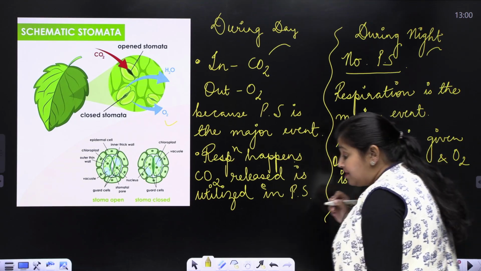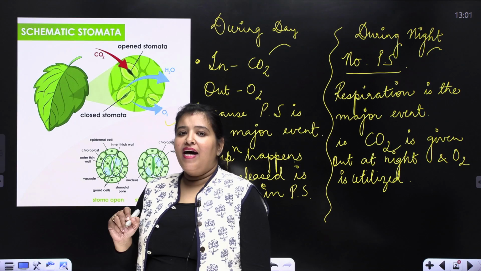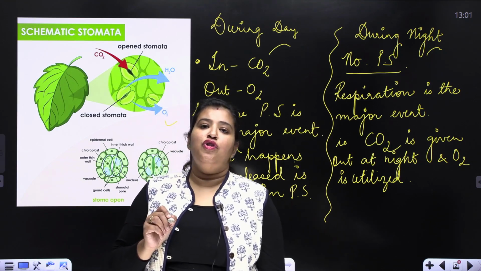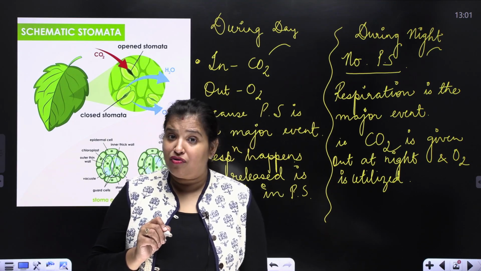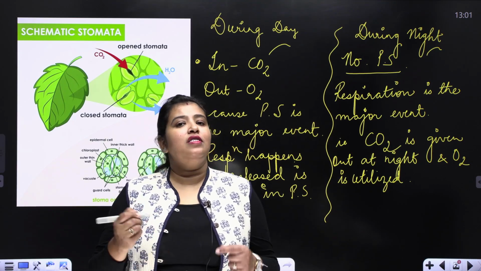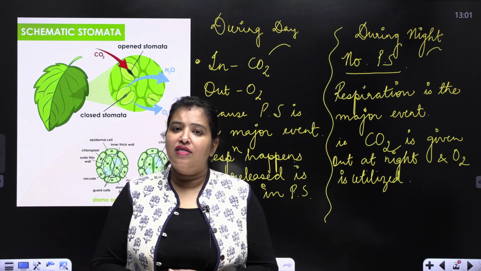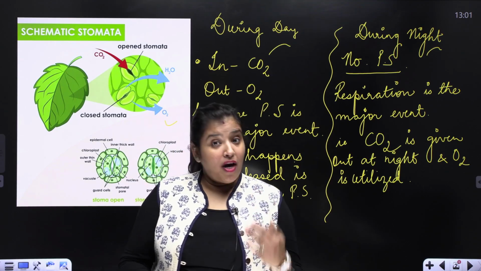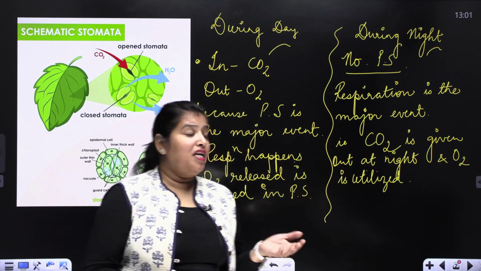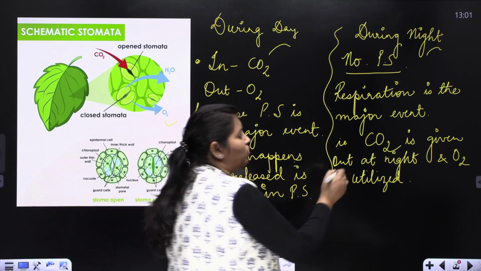Children, that is the reason it is said that after sunset, we should not sit under the trees, or we should not sleep under the trees. Why? Because since they are not performing photosynthesis, they cannot provide us oxygen. They are also using oxygen and giving out carbon dioxide.